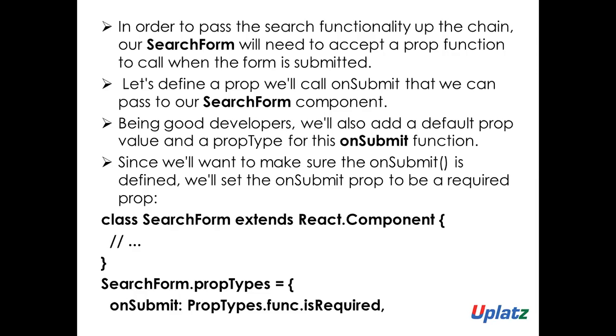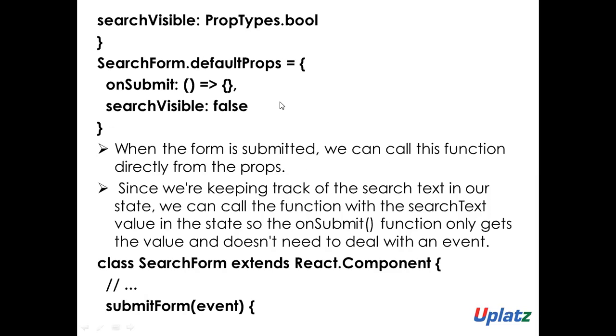This SearchForm extends React component. I'm just making the propTypes onSubmit a function that is required. Inside that, searchVisible I have made a boolean. Inside the search form I have made the defaultProps for onSubmit, and searchVisible I have made false. When the form is eventually submitted, we can call this function directly from the props.